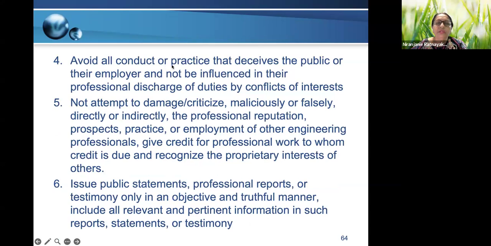Avoid all conduct or practice that deceives the public or their employer and not be influenced in their professional discharge of duties by conflict of interest. So that again is there somewhere in our code.